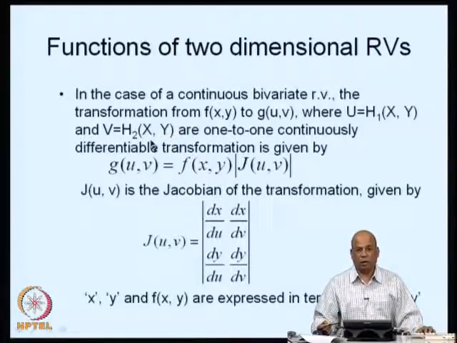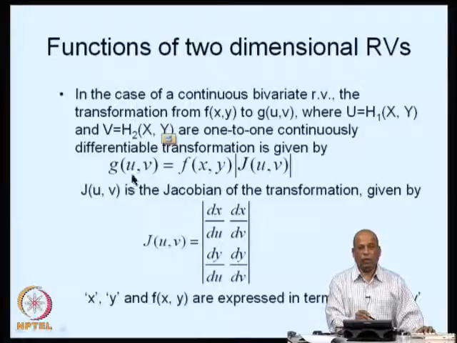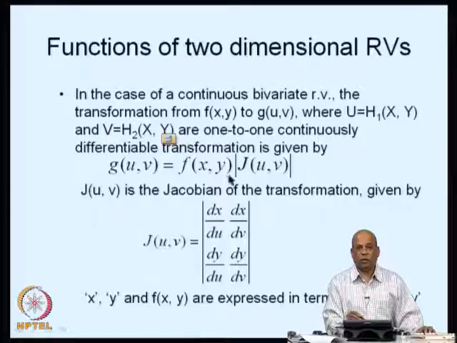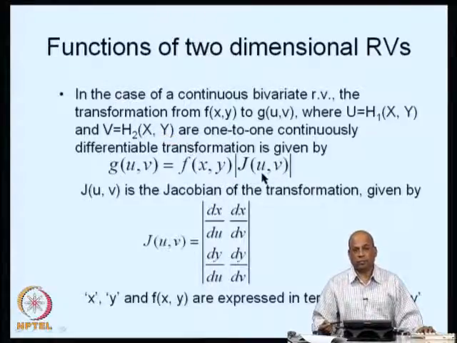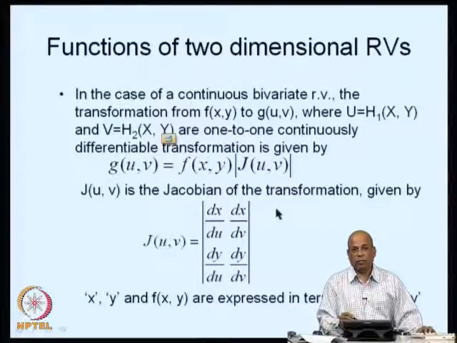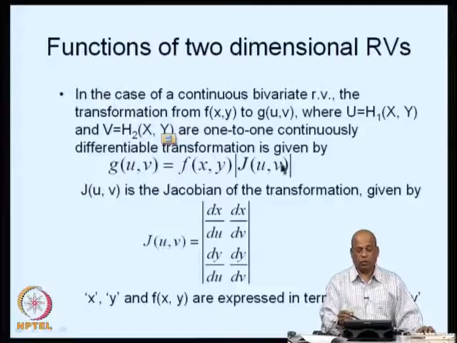So, u and v are both functions of x and y. In such a case, the joint density g of u comma v is given by f of x y times the determinant j of u comma v, where j u v is the Jacobian of the transformation. I am sorry, this is the absolute value of the Jacobian.